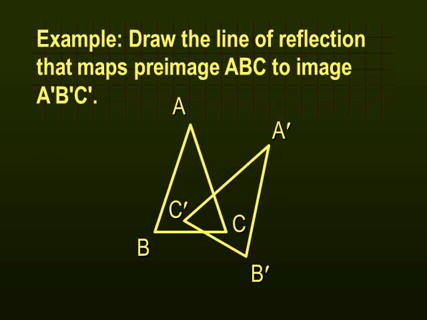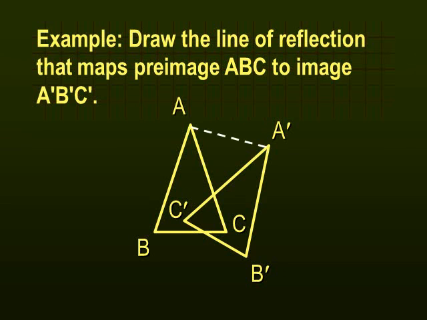Let's do another one here. This time I'm going to draw the line of reflection that maps the pre-image ABC to the image A'B'C'. This is a little trickier because you have to find the line; we're placing the mirror now. Both the pre-image and the image are there. We're placing the line so that everything is a perfect perpendicular bisector.